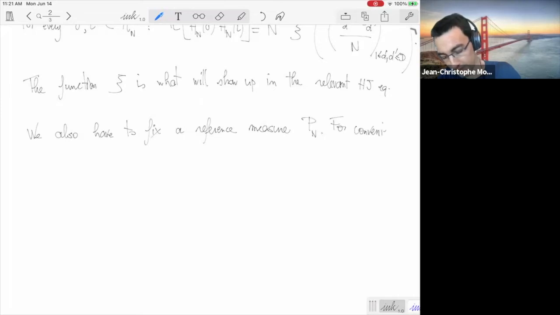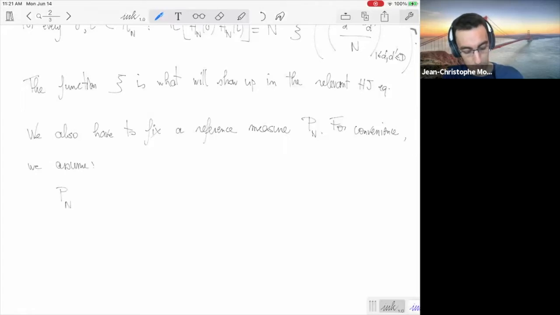This part is really only for notational simplicity. It's just to slightly shorten some expressions. For convenience, we assume the following.